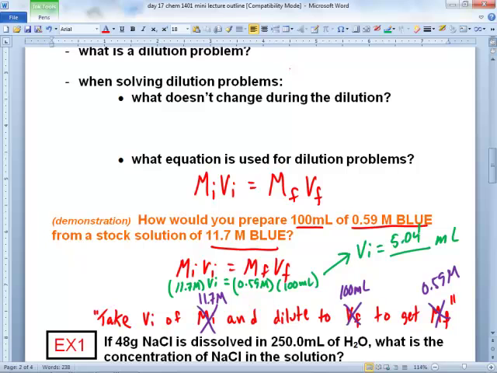There's my 5 mils. Put it in this guy. And don't spill. All right. And then I just want to fill it up to the mark. But I probably would do this, right?